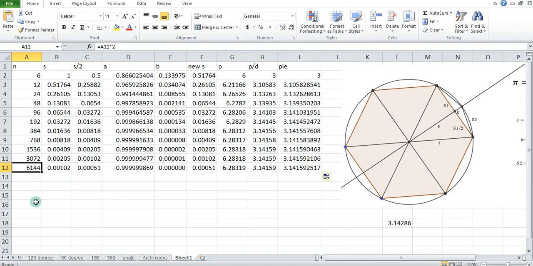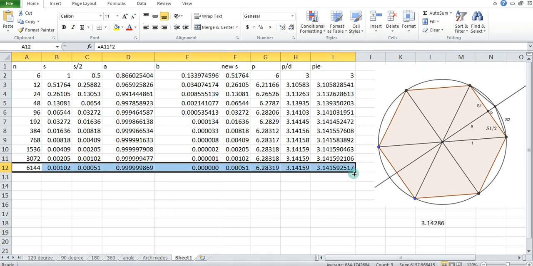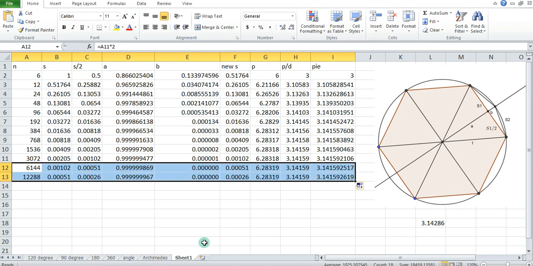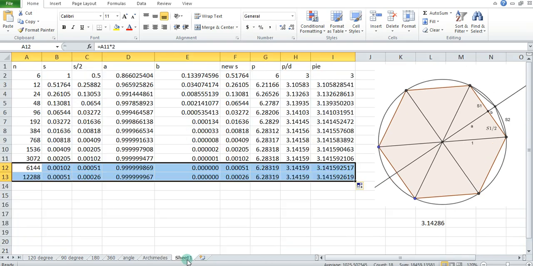Here 6000. Here the b value becomes 0 already.